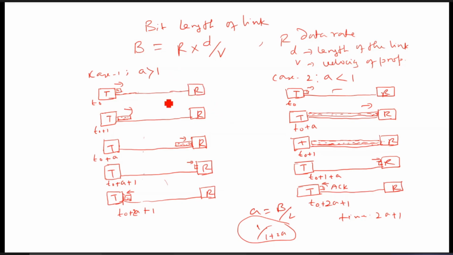The link is underutilized in some cases. Stop and wait flow control has drawbacks, but the serious drawback is when the bit length is greater than the transmission time of the frames.